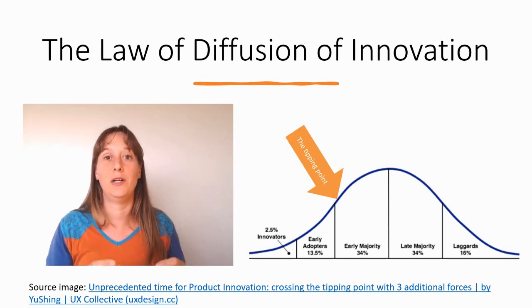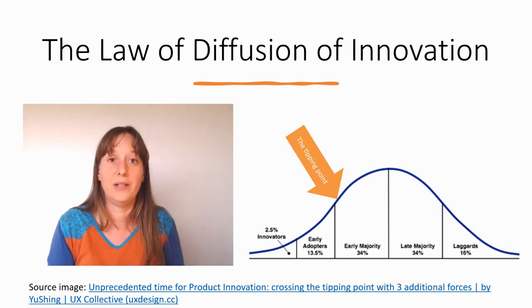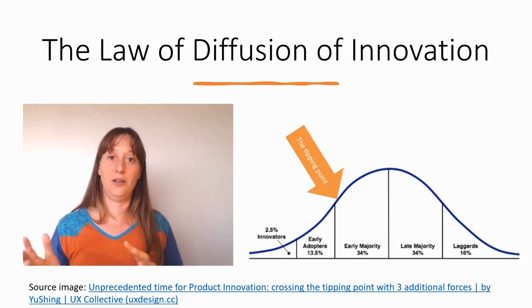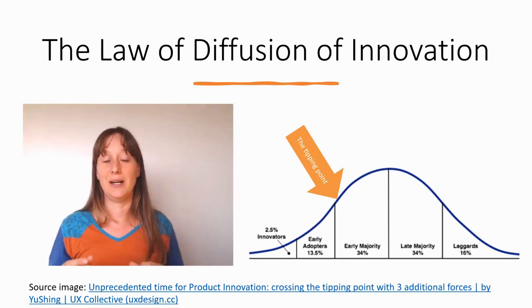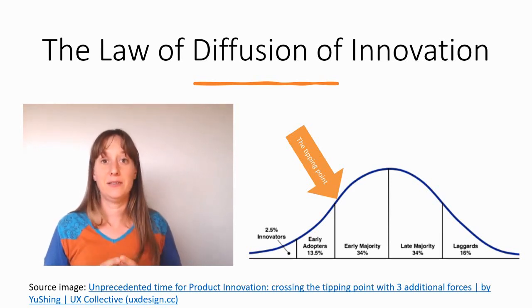You need to make sure that your biggest fans are on board when you're still in these early phases of testing out your products. This is about finding the right customer segment.